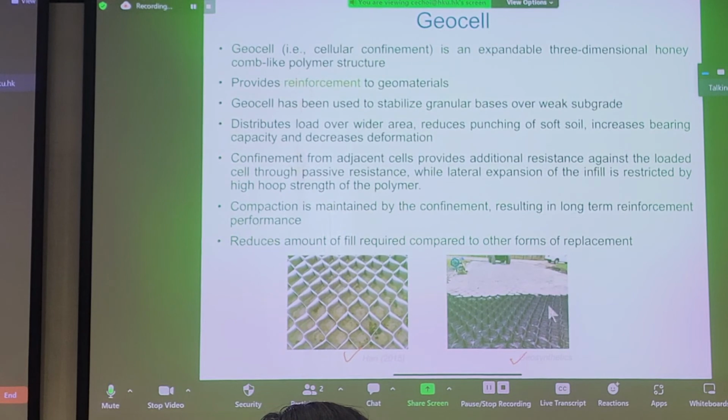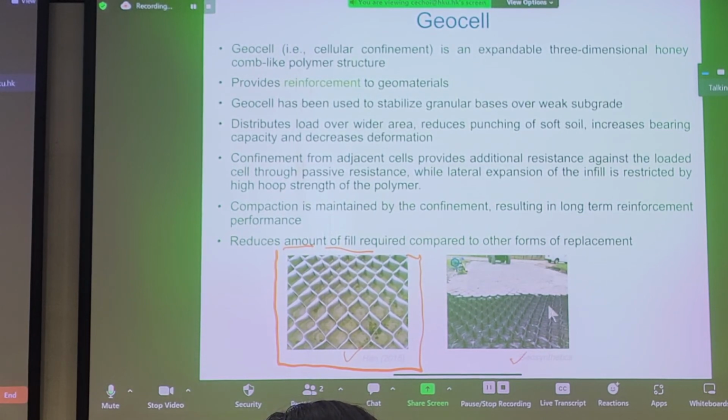So geocell, just like geogrid, is predominantly for reinforcement of geomaterials. You can imagine that in the same video I showed you, if you use geocells versus not using geocell, you're going to get a lot more bearing capacity because you have additional natural resistance through the tensile resistance of the plastic. So that's how it works.